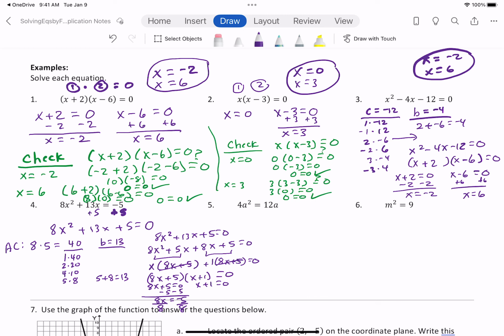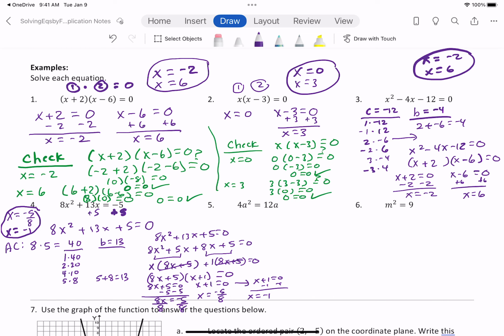But if we divide both sides by 8, I get x equals -5/8. And then for the x plus 1 equals 0, we just need to subtract 1 from each side, and we get x equals -1. So my solutions for this equation are x equal to -5/8 and x equals -1.